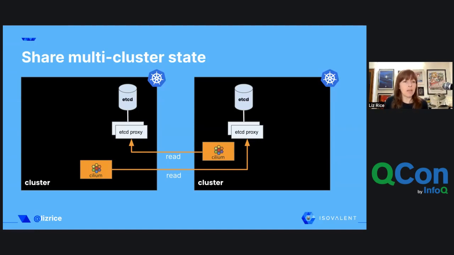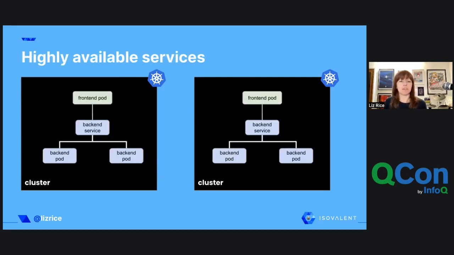What do I mean by multi-cluster state? Well, typically, this is going to be about creating highly available services. So we might run multiple instances of a service on multiple clusters to make them highly available.